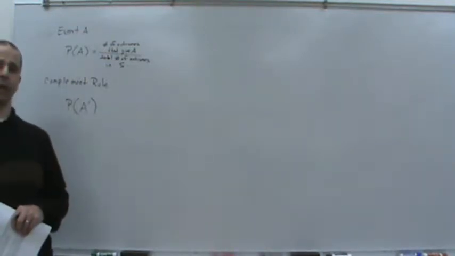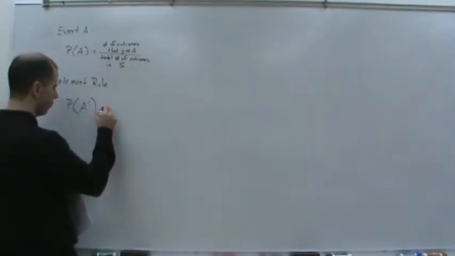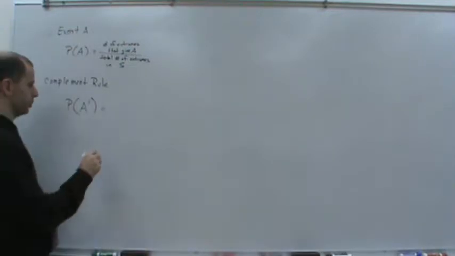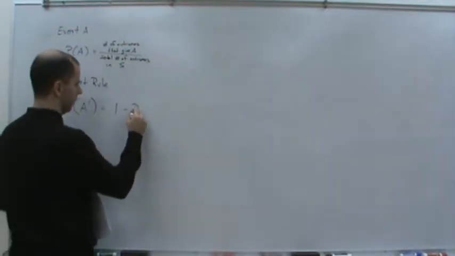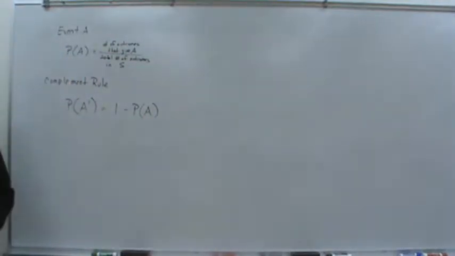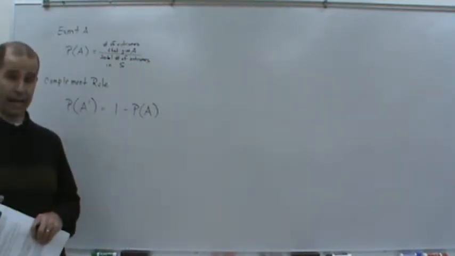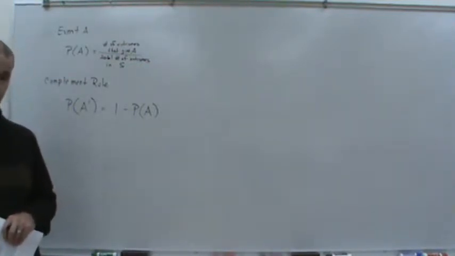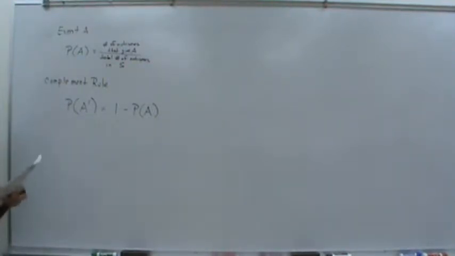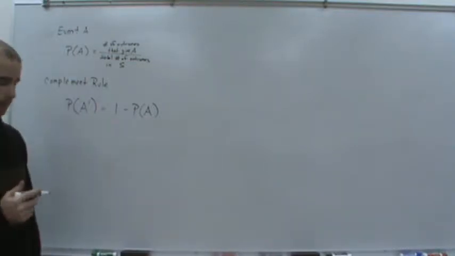A prime is the way we denote the complement of A. The rule is that the probability of the complement of A is equal to 1 minus the probability of that event occurring, okay? And again, this may make no sense to you, and that's because I don't have a context for it yet, but let me show you an example, and it'll make complete sense out of what I'm writing down, okay? So that is the complement rule. So let's do an example.